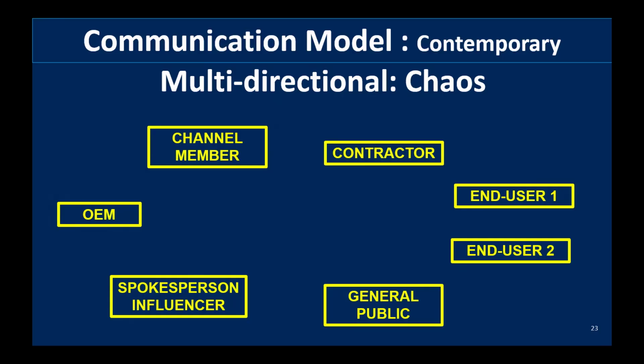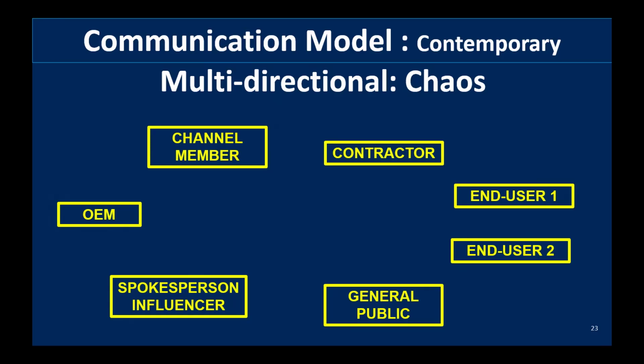The company would hire them, and that spokesperson would carry the message for them. Today, we have influencer. To me, you're still a spokesperson. They're speaking on behalf of a company, or maybe on behalf of the general public, or maybe on behalf of buyers and consumers. So to me, a spokesperson is still a spokesperson. It just depends upon which way the arrow is going and the source of the information.